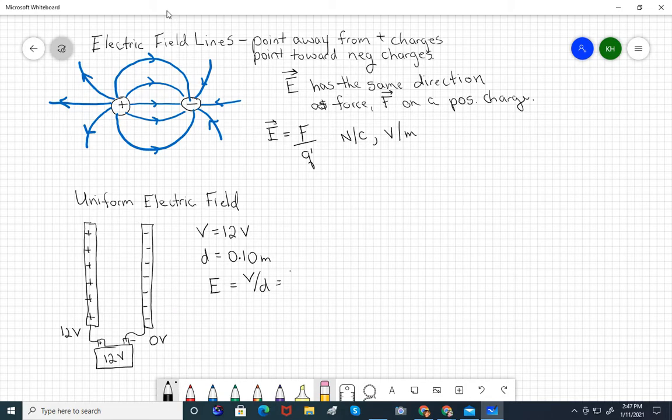So I get 12 volts divided by 0.10 meters, and I get 120 volts per meter. That gives me the magnitude.